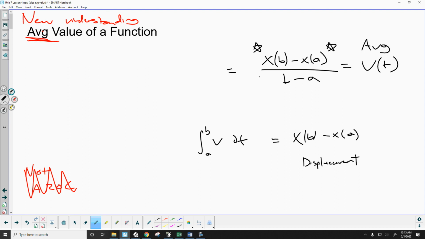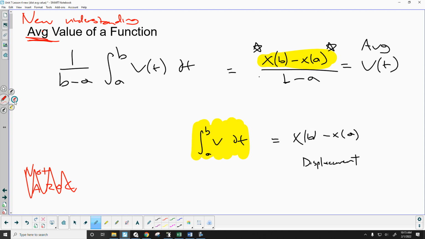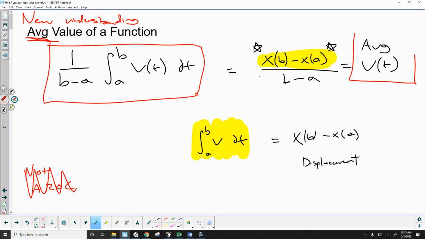Well, I'm going to take this and replace this. And I am going to come up with a formula. Move the b minus a out into the front. I'm coming up with a formula for average v. This means average.